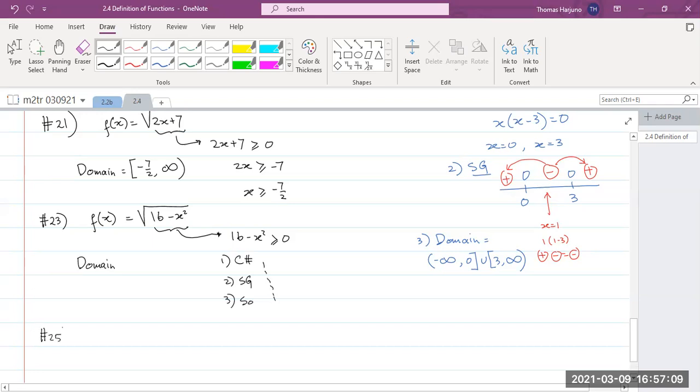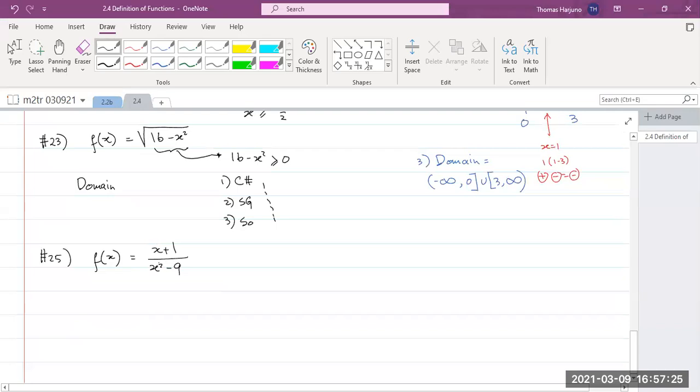Number 25. How about if f(x) equals x plus 1 over x squared minus 9x? I'm sorry, x cubed minus 9x. It means x cubed minus 9x cannot be 0. What happened to the numerator terms? The numerator will not give us any issue, whatever x you plug in.